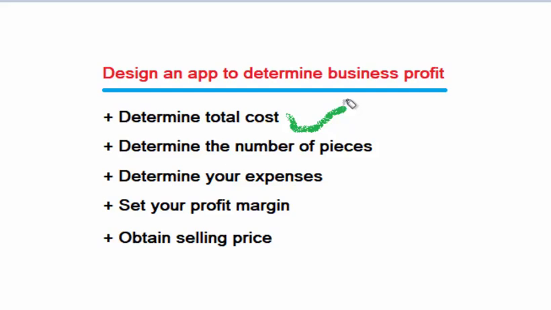If I want to bake 100,000 loaves of bread, of course I will need a huge total cost because it is directly proportional to the number of pieces I'm going to make. So the most important thing is to determine the number of pieces you want to sell. Also, if you make a lot of pieces and nobody will buy, then the bread expires and you go at a loss. Therefore, before you determine the number of pieces, you have to do due diligence and do your own research. You know how to do it.